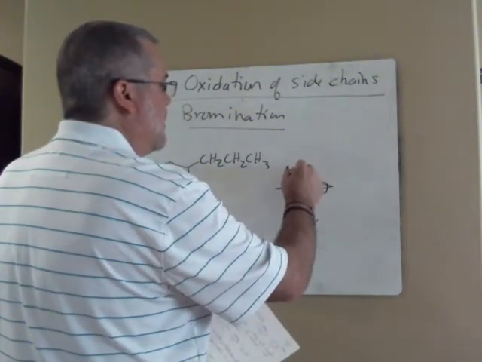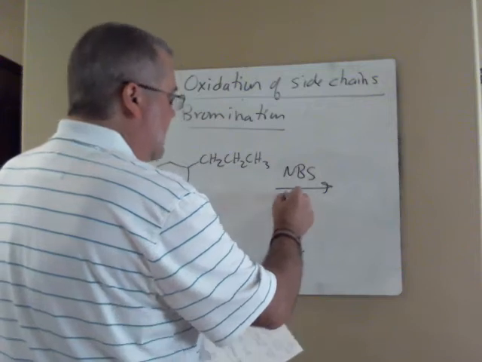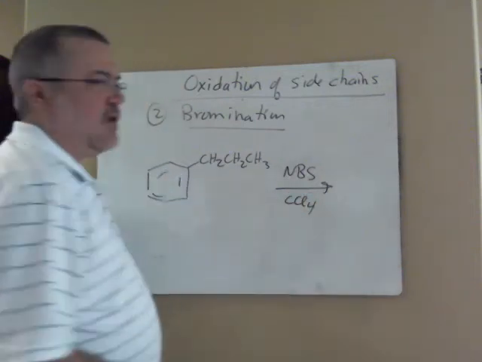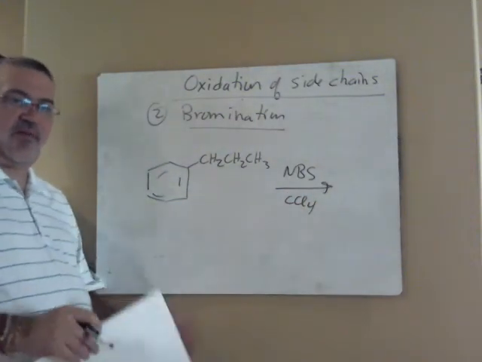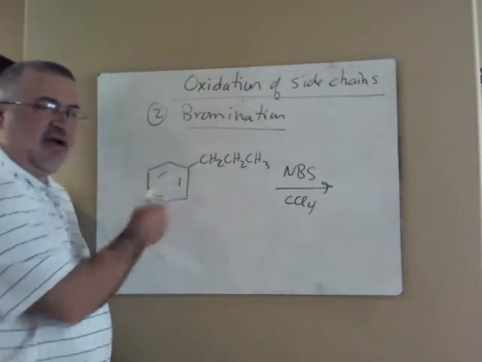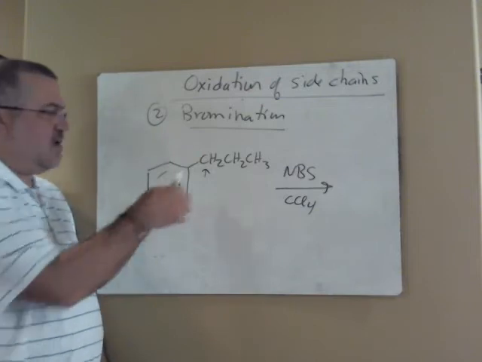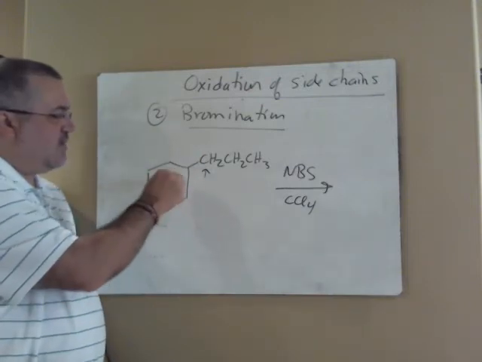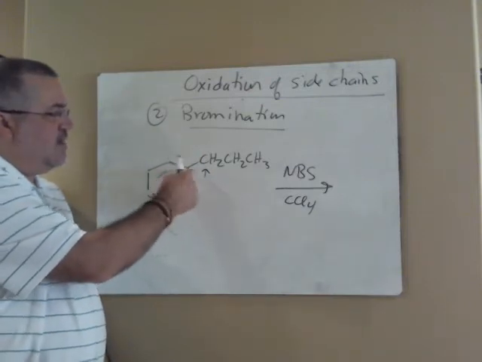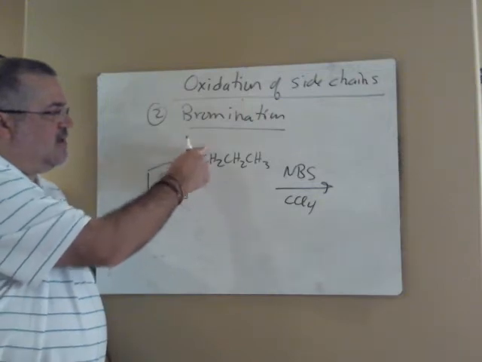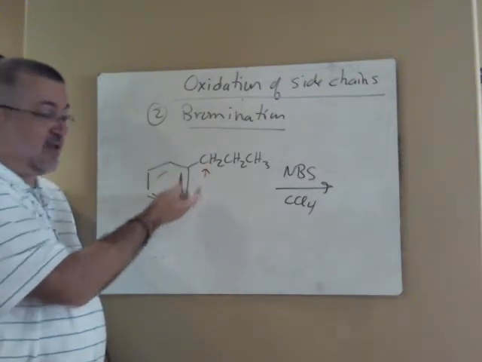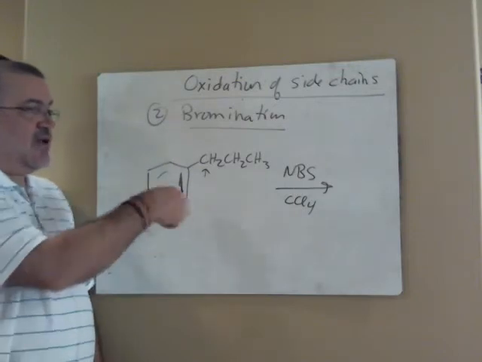Now, do y'all remember NBS from before? NBS was what we used with allylic bromination, and it's very closely related to this, because benzylic carbons, this is very much like allylic, because here you have a double bond. This would be vinylic. This is allylic. It's just benzylic here because it's got the ring, but it's the same kind of reaction.